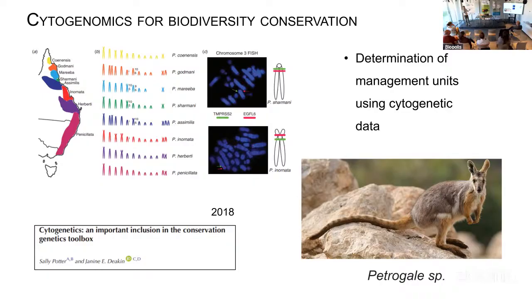And with an integration of cytogenetic data and those little genetic information, they actually managed to define a gradient of, in some cases species, in other cases subspecies, and in other cases management units along the coast. So in this case, cytogenetics was particularly useful for the determination of management units in the species.